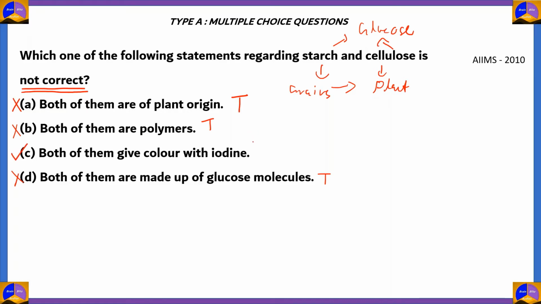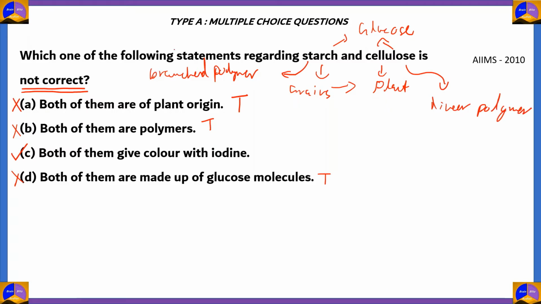Both of them give color with iodine. This is incorrect because cellulose does not give color with iodine. The reason is that starch is a branched polymer, which is soluble in water and reacts with iodine, and cellulose is a linear polymer.